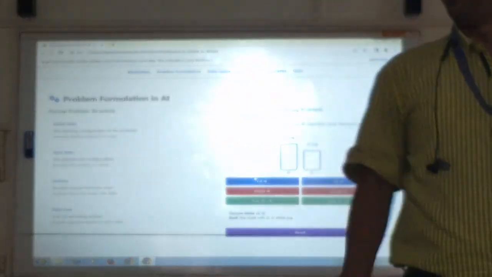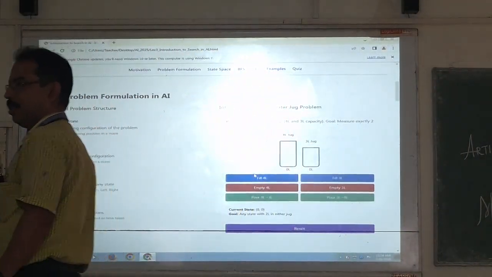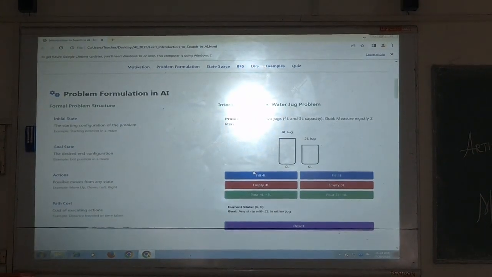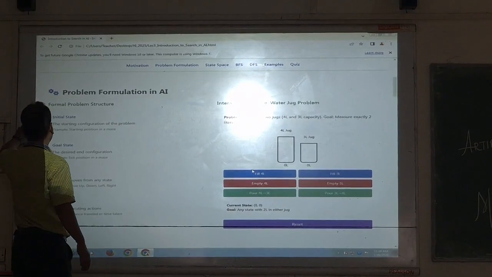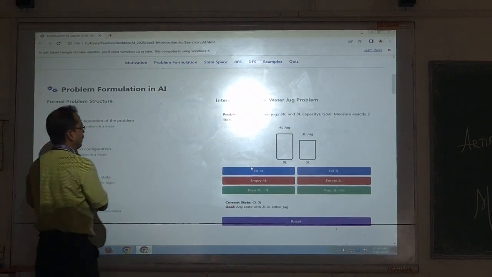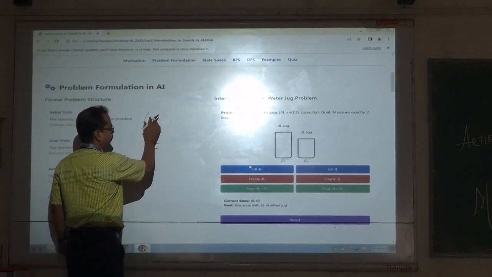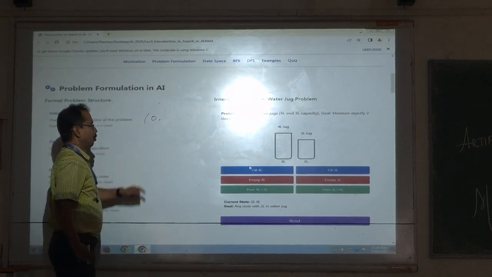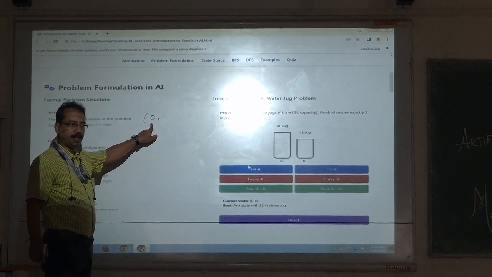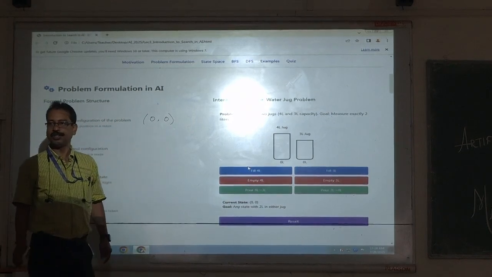Now this is the problem. If I talk about formulating the problem, what will be the initial state? The initial state I have to represent in the form of a graph. So I can consider a set, where the first entry will be the amount of water in the first jug, that is the 4 liter jug, and the second will be the water quantity in the second jug.